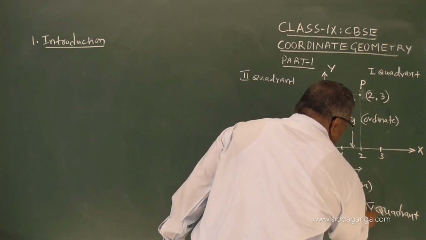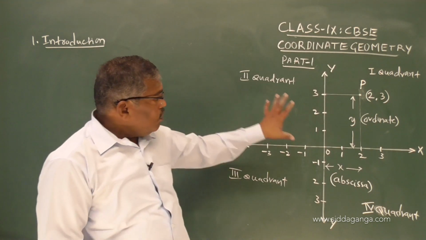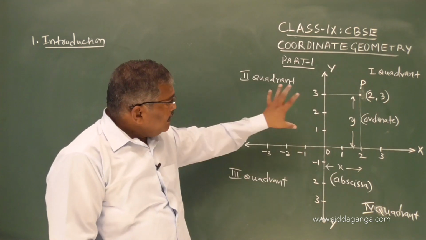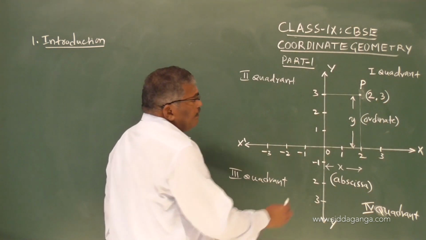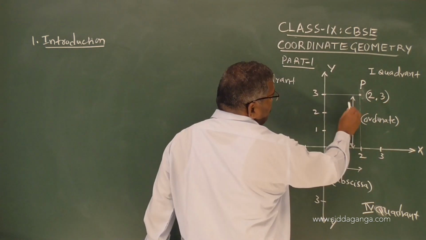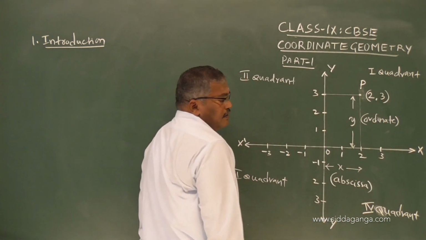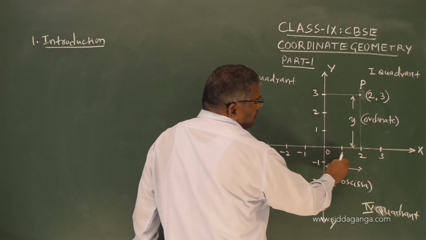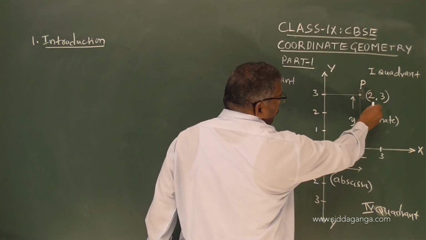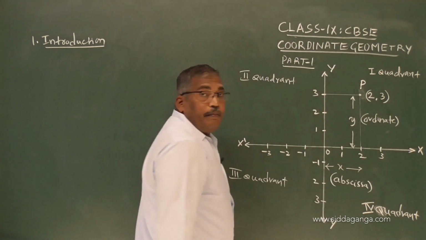So the two axes in a coordinate system divide the area into four quadrants. You observe here, if P is in the first quadrant, the readings on the OX line are positive. So this is positive and y is also positive.